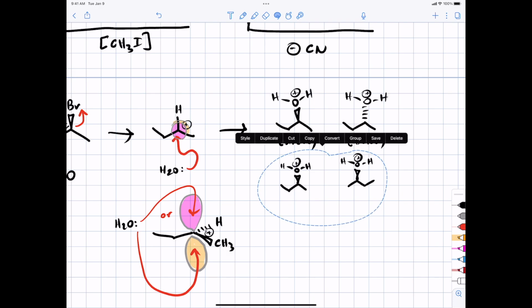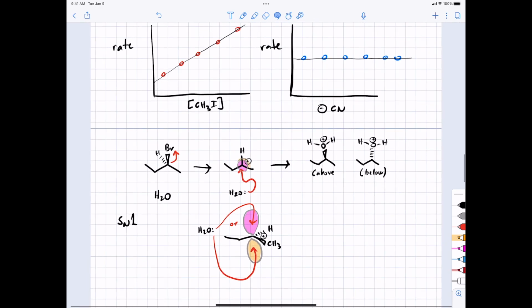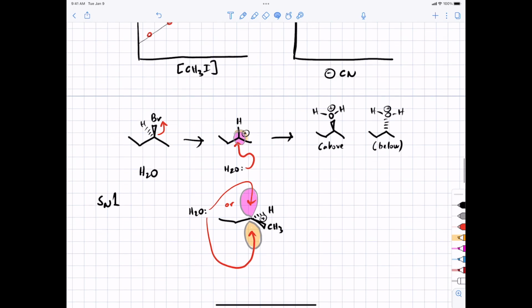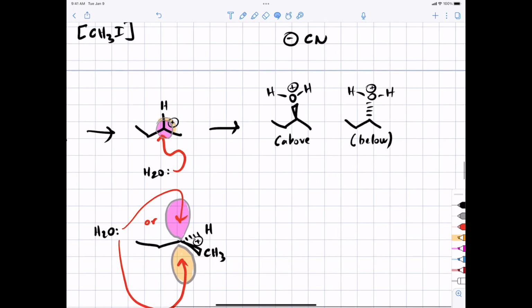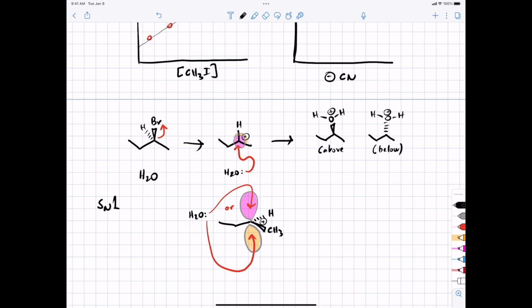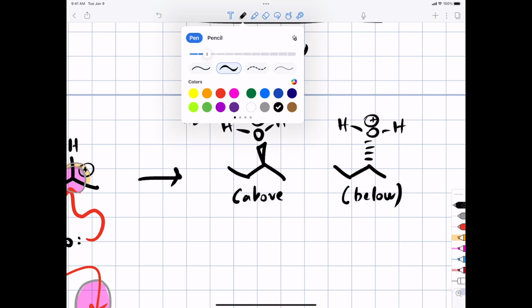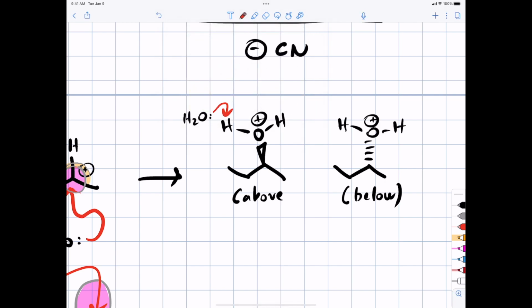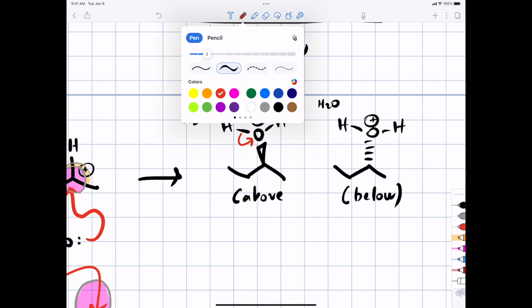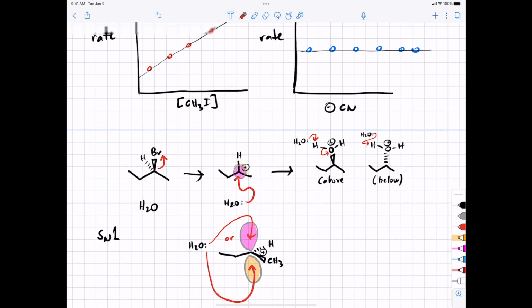Okay, and then some of you may be uncomfortable with the fact that we've got a positively charged oxonium ion as our product. Water here is not only our nucleophile, it is likely our solvent. There's tons of water around, so what probably happens next is water removes the proton from our product. This seems reasonable because the pKa of a positively charged oxygen with a proton on it is around -2.